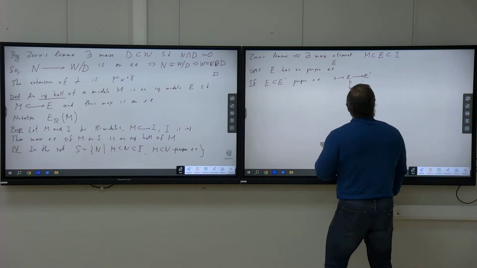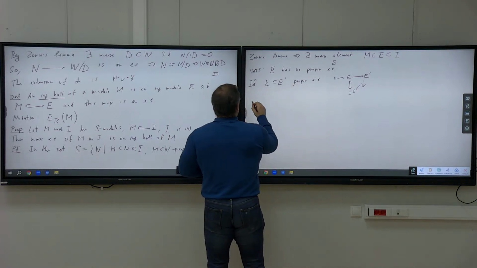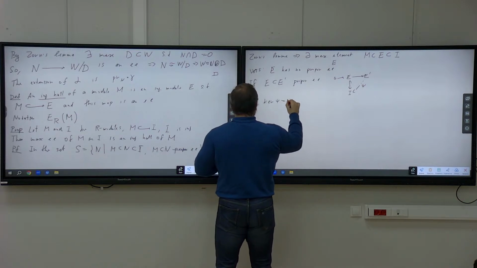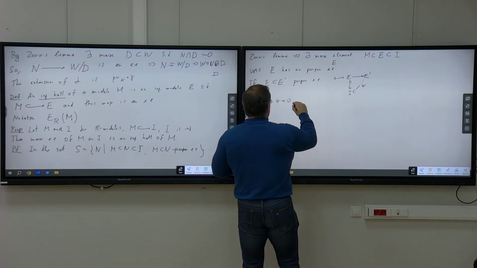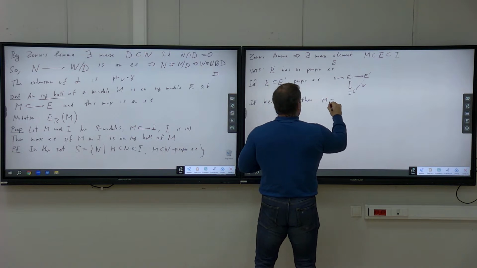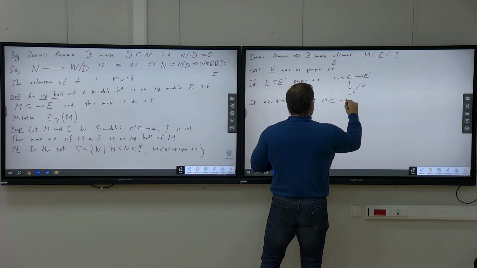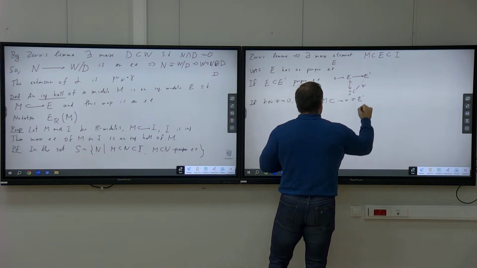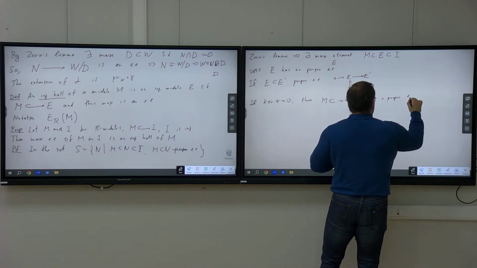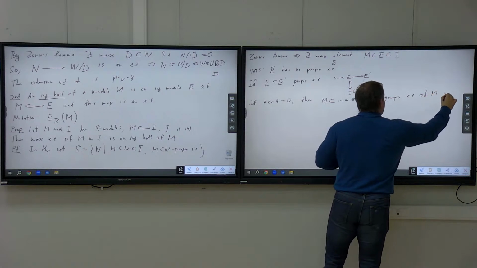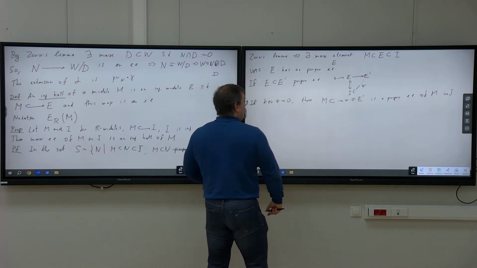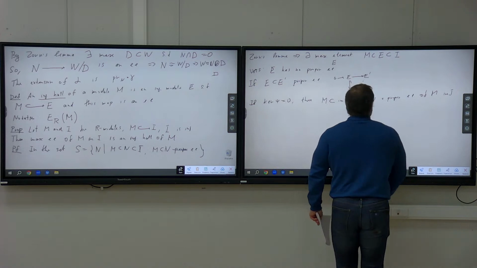And then I just look at the possible situations. If the kernel of psi is equal to 0, then I have M inside the image of psi, which is the same thing as E', so it is a proper essential extension of M in the injective module I. And that is not possible, because we chose a maximal element.